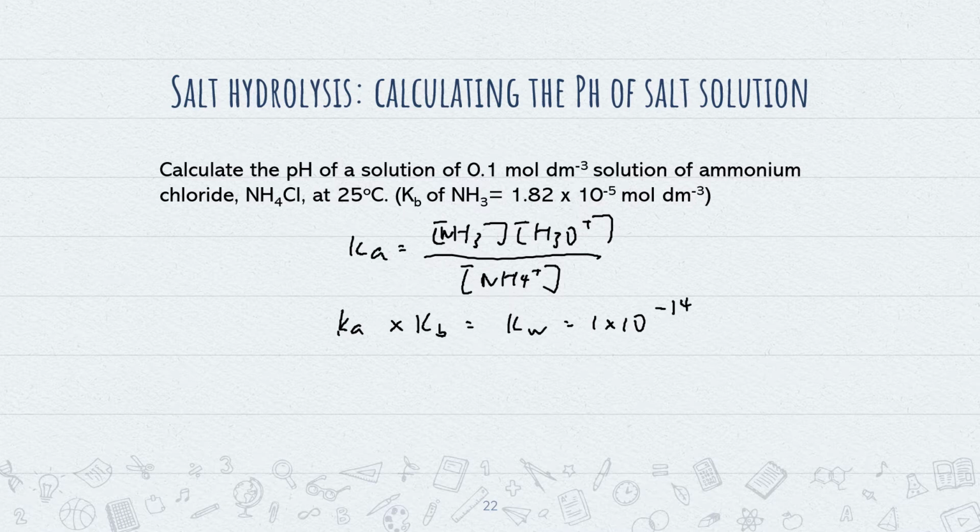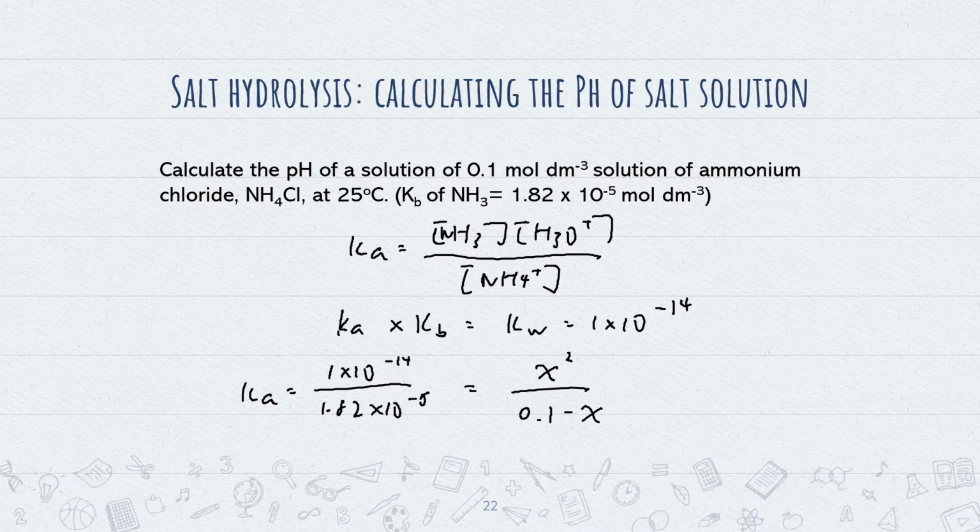If you stay after the outro has ended, you can also see how to derive this relationship. But for now, since we have the value of Kb of NH3 stated, our Ka is just Kw divided by Kb. That means 1 times 10^-14 divided by 1.82 times 10^-5, which equals x squared over 0.1 minus x.